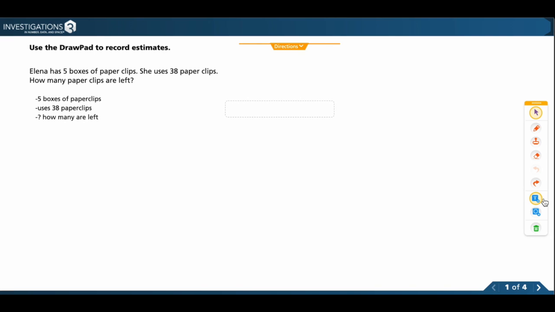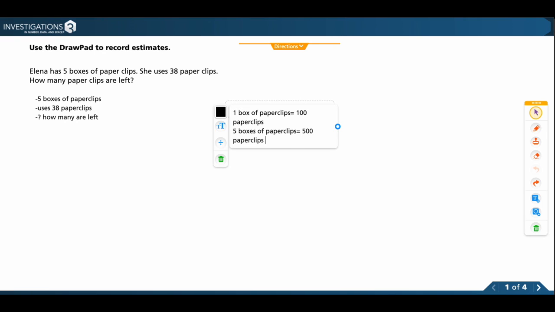I want you to remember that 1 box of paper clips is equal to 100 paper clips. So if there are 5 boxes of paper clips, how many paper clips will there be? There will be 500 paper clips. So I want you to pause and think about, is this answer going to be closer to 400 or to 500?